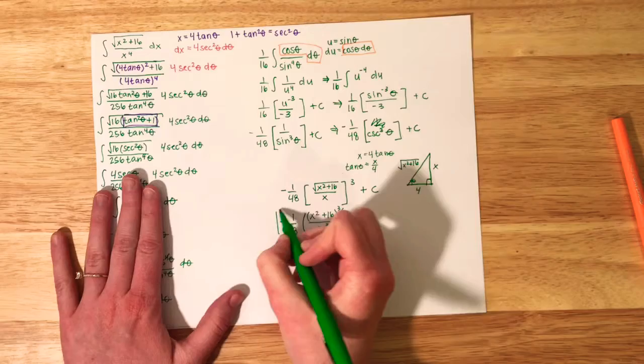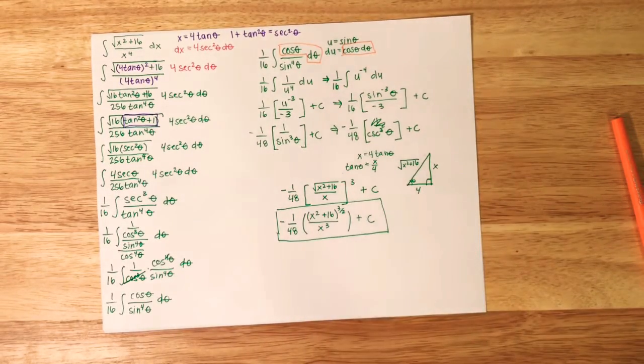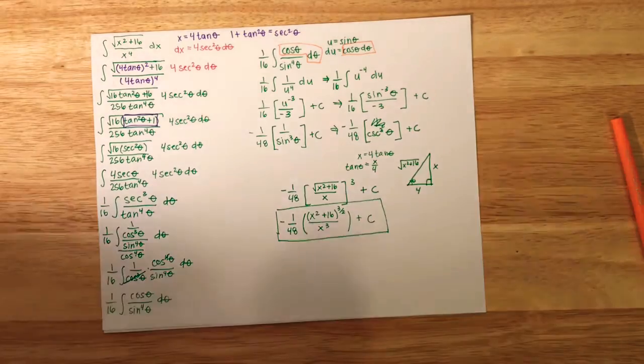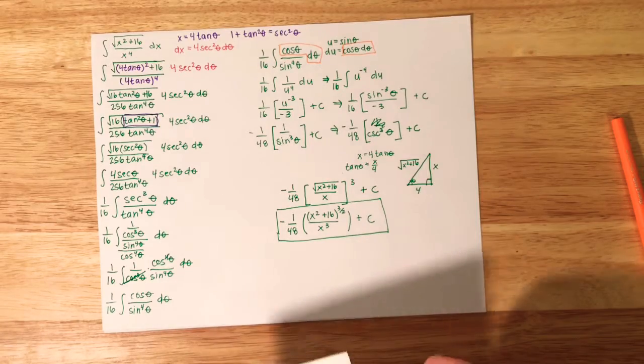But there you have it. That is how you go through and do trig subs. So as we can see, the trig subs made things a lot easier to solve.